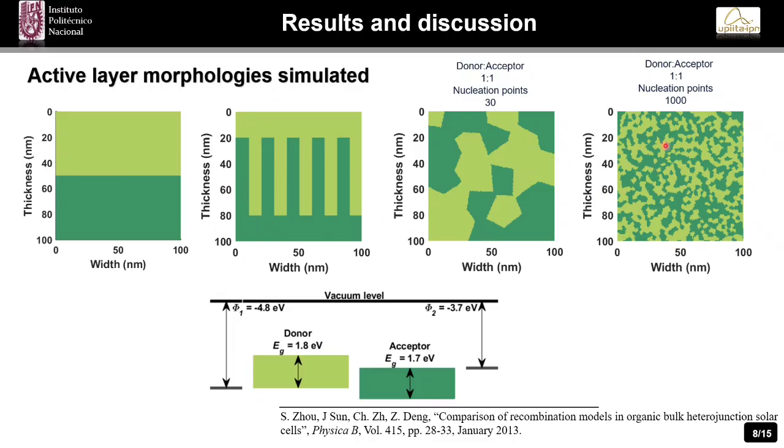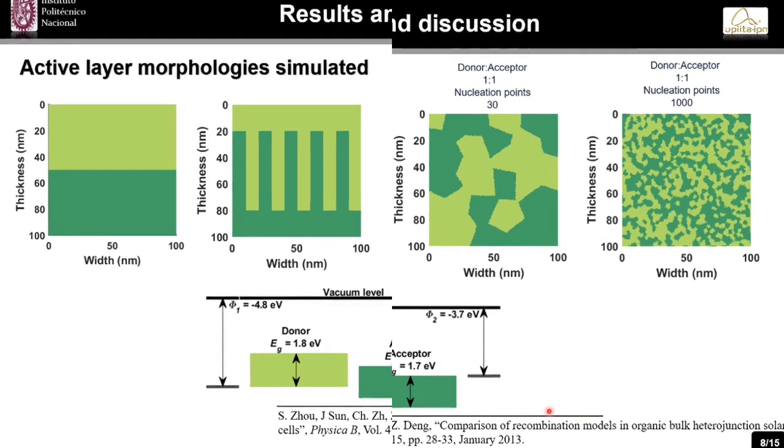Two irregular morphologies with different domain sizes were considered, and the transport parameters of the semiconductors were taken from the same reference as those used in the validation, but the energy levels of the donor and acceptor materials were arbitrarily proposed as shown in the energy band diagram.